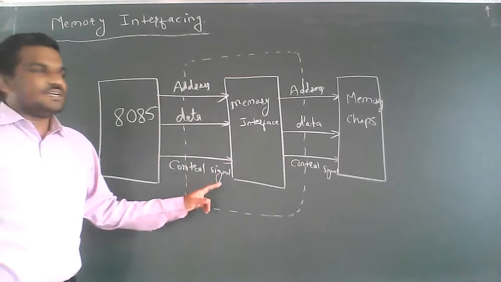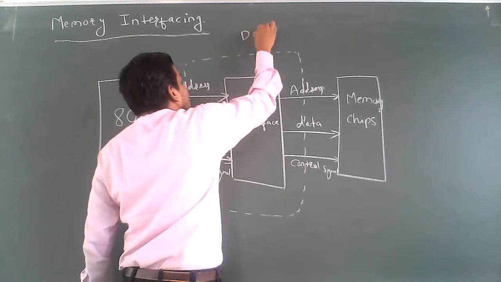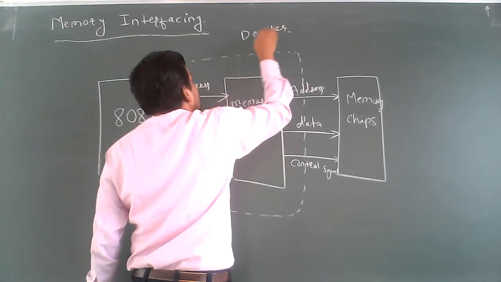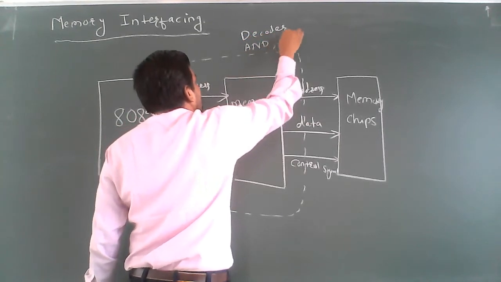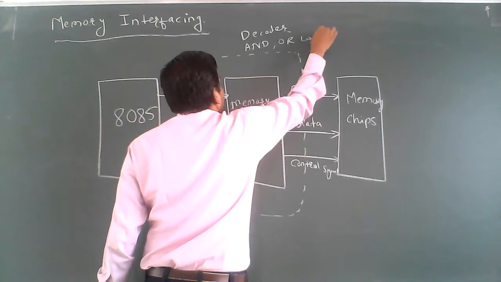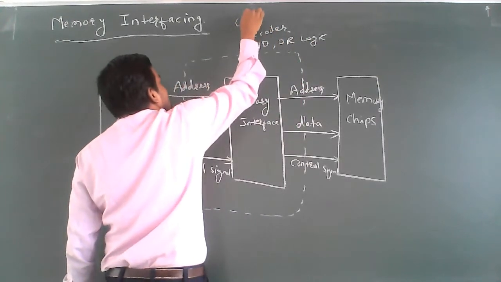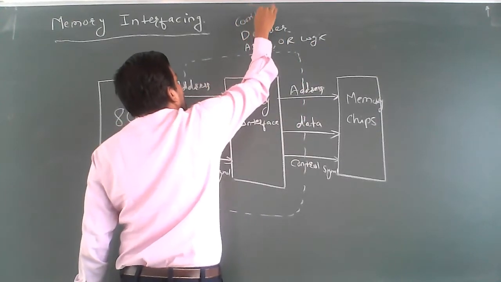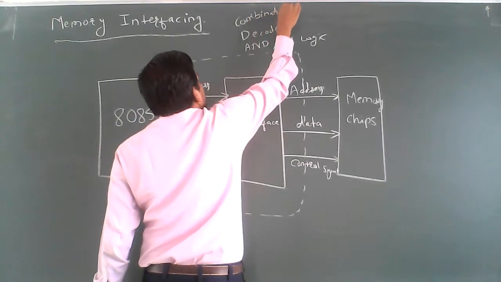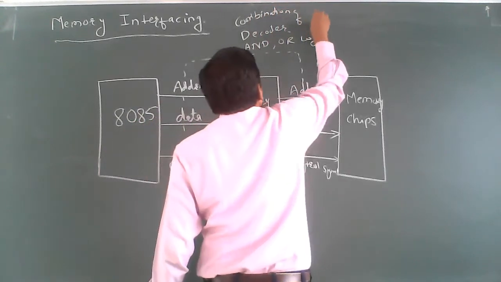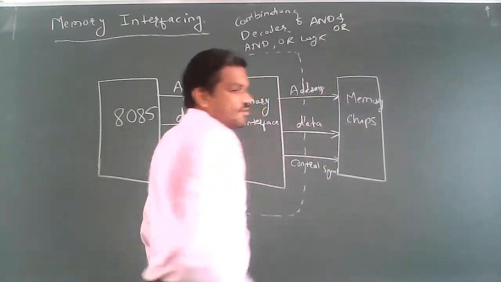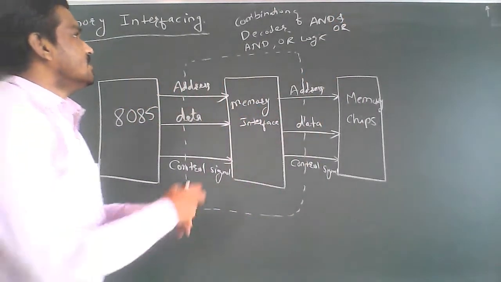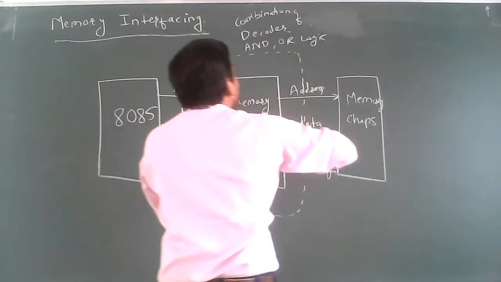This interface can be a decoder, it can be an AND or OR logic, or a combination of your binary logical gates.